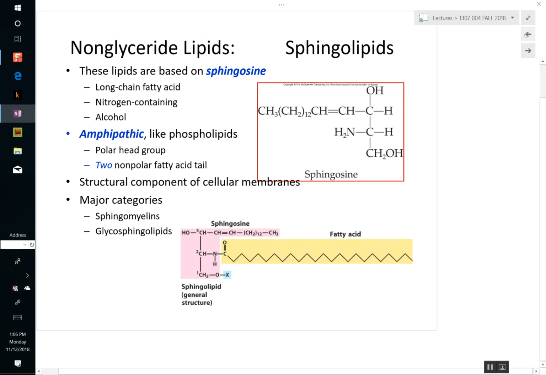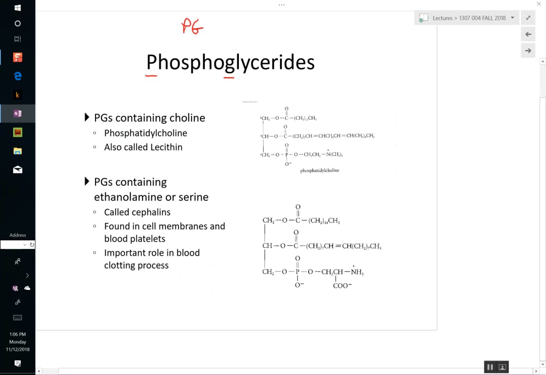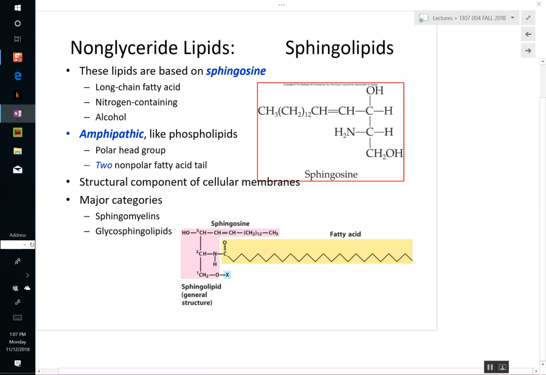That's phosphoglycerides. We'll come back when we look at the cell membrane, and you'll see how they are instrumental in cell membranes. I'm going to have a slide here on sphingolipids, which could also more or less apply to these phosphoglycerides.